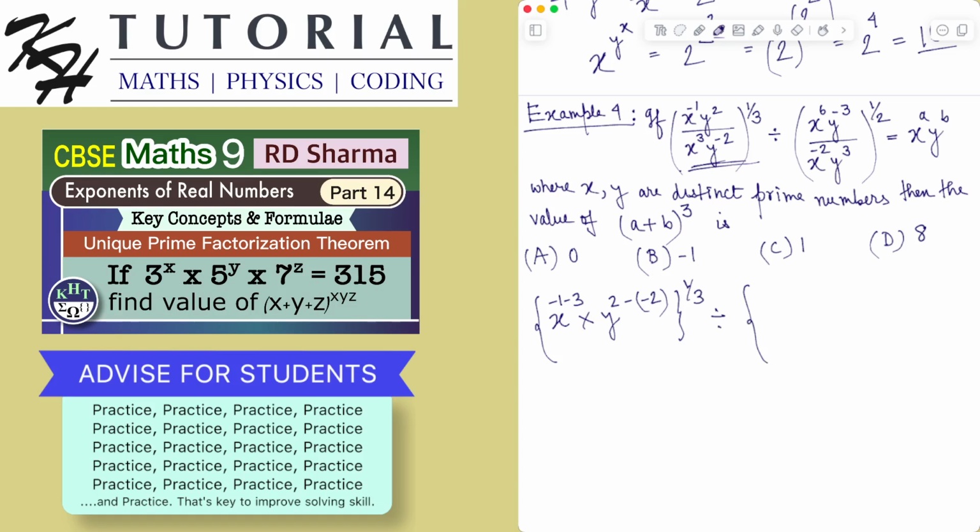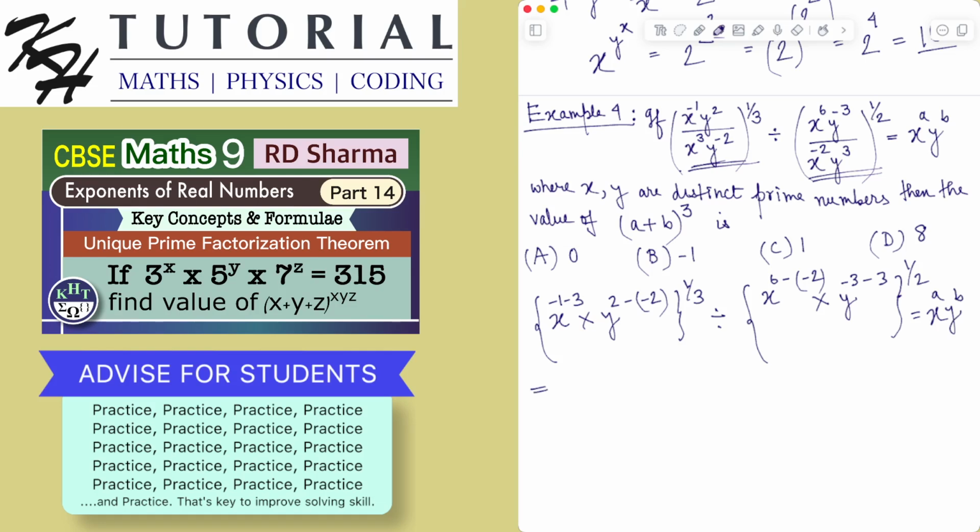So we have x to the power 6 minus of minus 2 multiplied by y to the power minus 3 minus 3, whole raised to the power half, is equal to x to the power a multiplied by y to the power b.